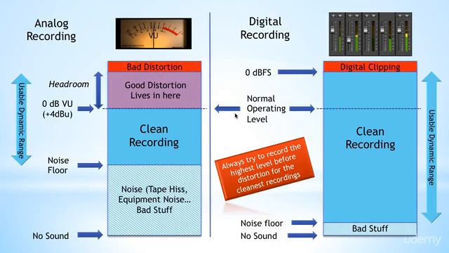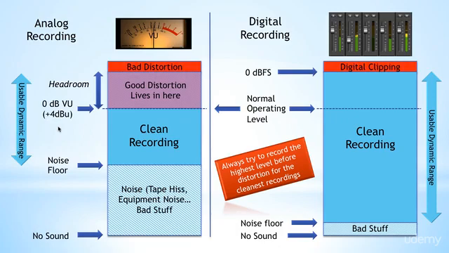Now, on the flip side of things, if we go over here to the analog world, let's go back 10 or 15 years. We are recording onto a tape machine. So the tape machine actually has hiss. So there's quite a bit of noise in tape. And let's say we're using some vintage gear.